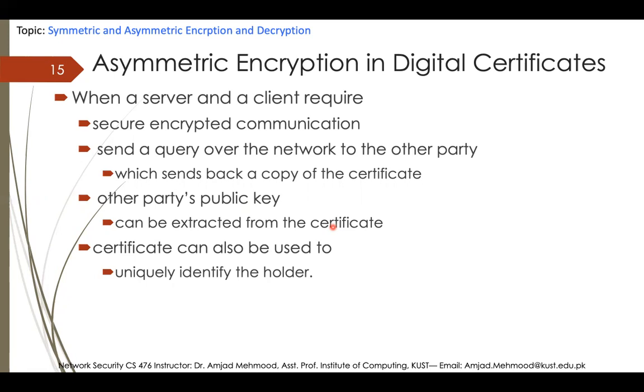For example, if a sender wants to communicate with a receiver, the sender requests a certificate from a third party, and the third party provides the certificate. The sender extracts the public key from that certificate, and using that public key, it encrypts the message.